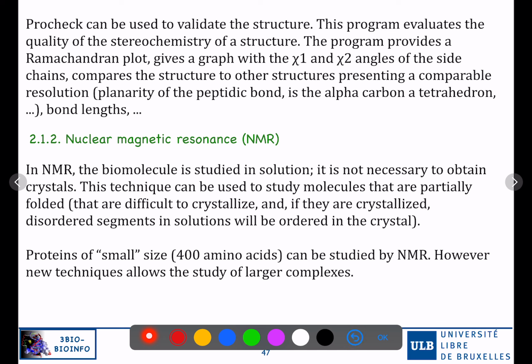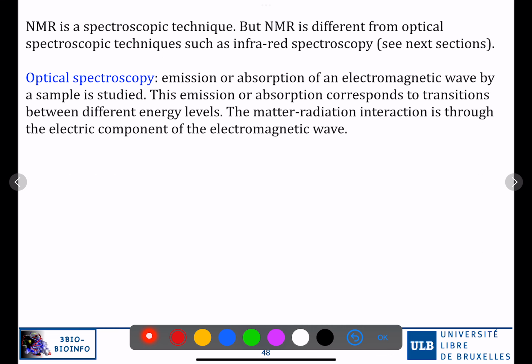So now, what is NMR based on? In fact, NMR is a spectroscopic technique. We will see a little bit later in this chapter other types of spectroscopic techniques, like infrared spectroscopy, for instance.